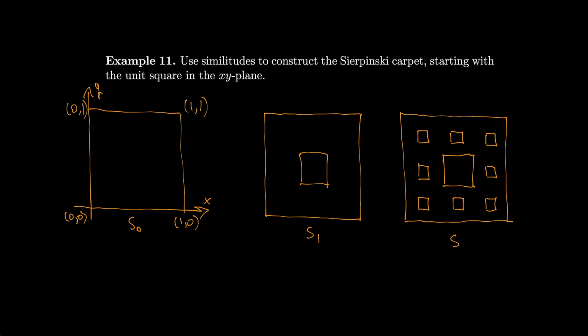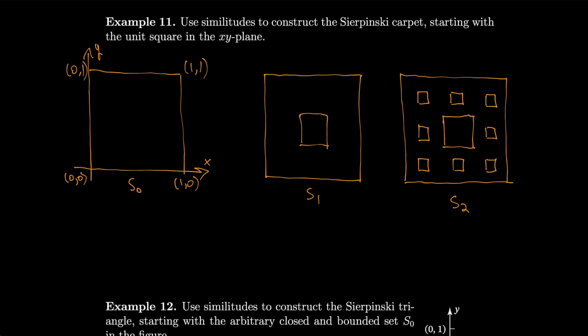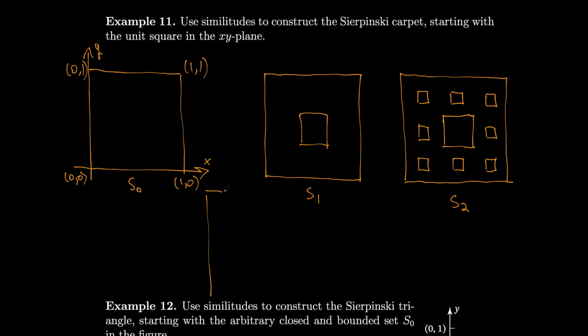Okay, so this would be S2. And then I could do S3. I don't know if I can actually draw it, but I'll try. Let's see. So I gotta do my big square in the middle. I have to do my big-ish squares, or my medium squares.